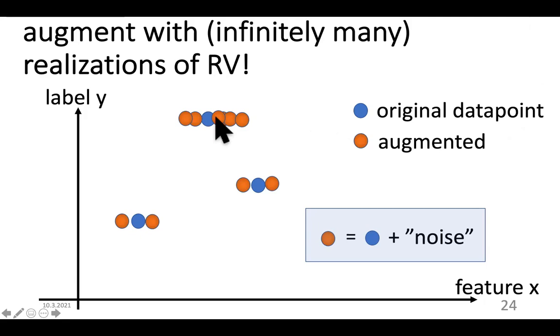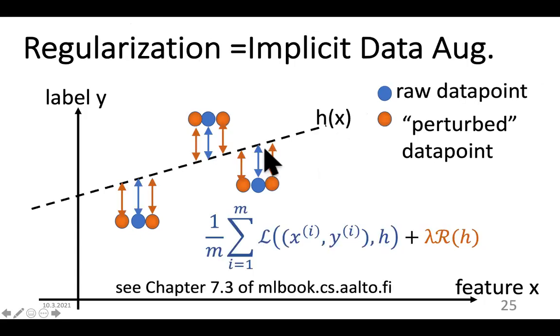The important thing is that this is only a conceptual idea. We will never implement this in practice, but it turns out that when you look at the additional errors you would get, the squared error loss for these augmented data points, and add them to the squared error losses for the original data points, then these additional losses are exactly the regularization term.